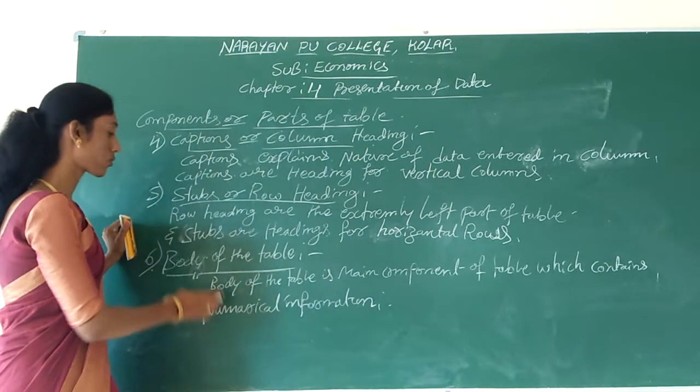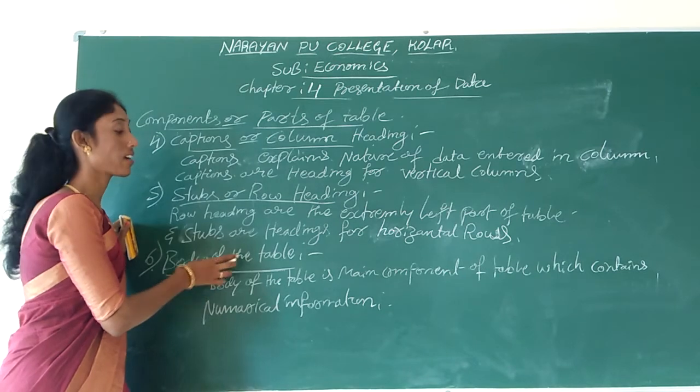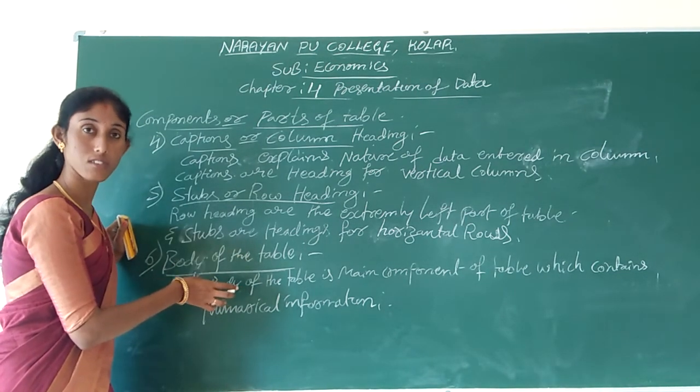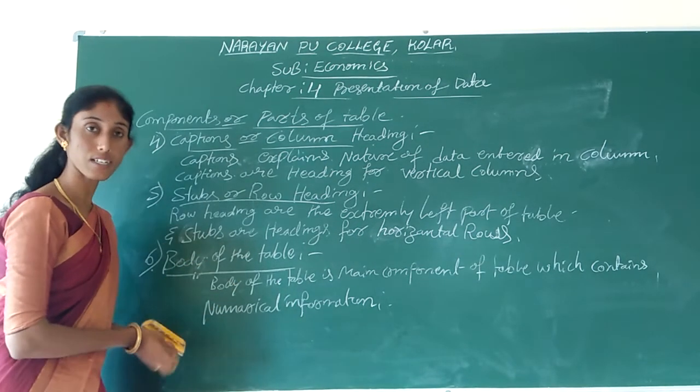Got it? This is what the body of the table is. The body of the table is the main part of a table, and it represents the numerical information relating to a particular survey or study.